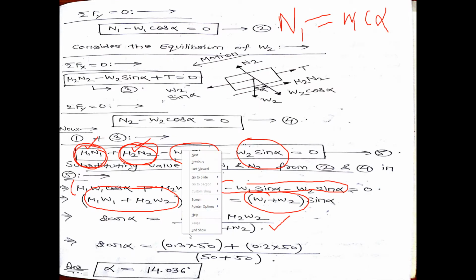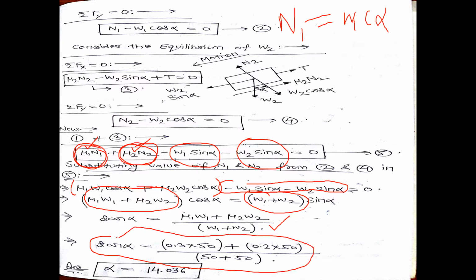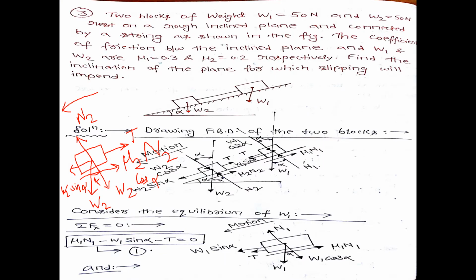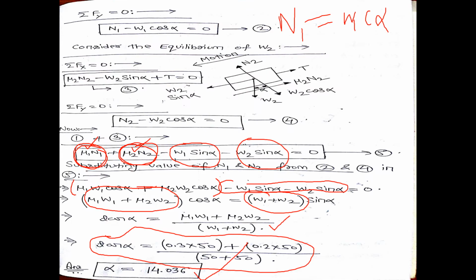So you substitute all the values in this equation, take the inverse of tan, and you will get the value of angle alpha, which comes out to be 14.036 degrees. So if you keep the inclined plane at an angle of 14.036 degrees from the horizontal, then the system on the inclined plane will start to move down the inclined plane. So this is the problem.